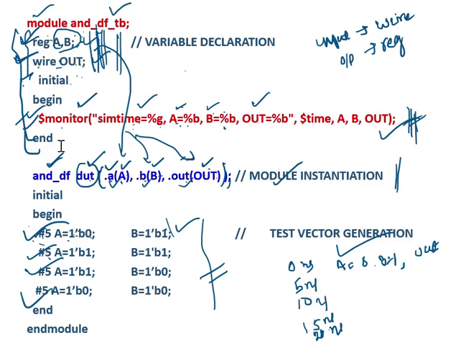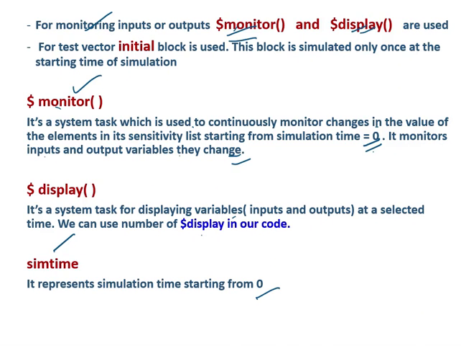This monitor is used continuously, and it checks input and output variables, and if they change, then it updates the input and output variables. If there is a change in the sensitivity list, then it checks that and gives the updated value. This is how the monitor works.